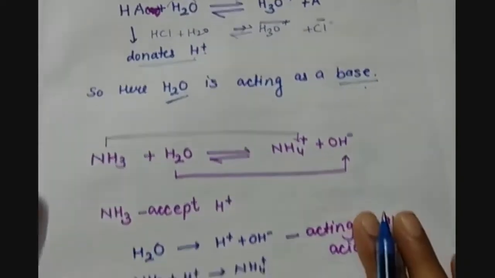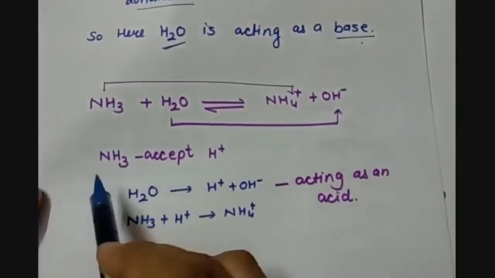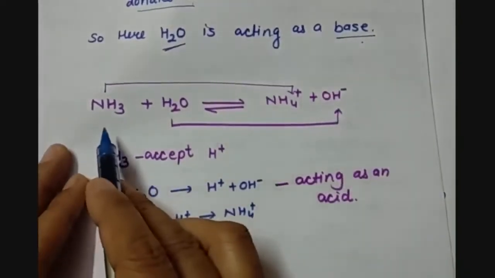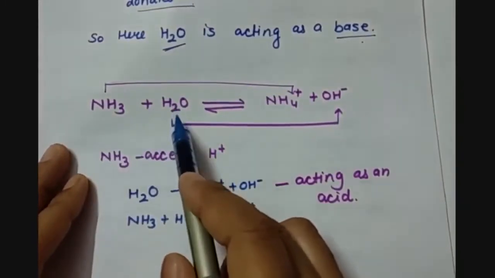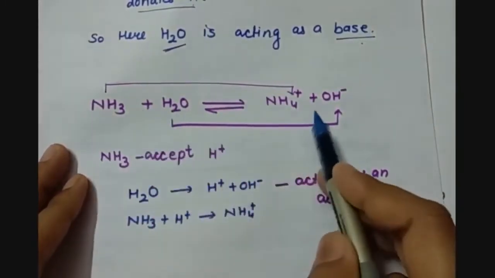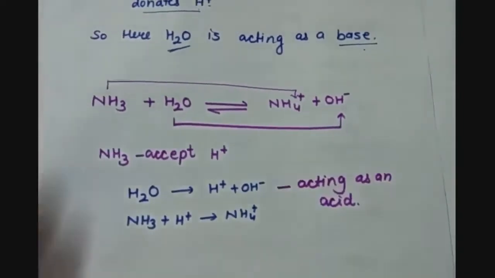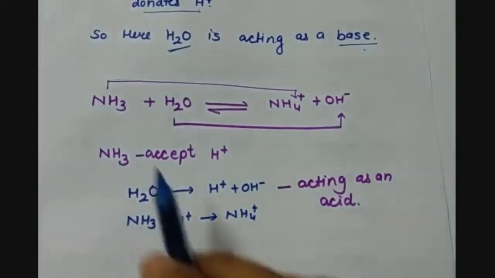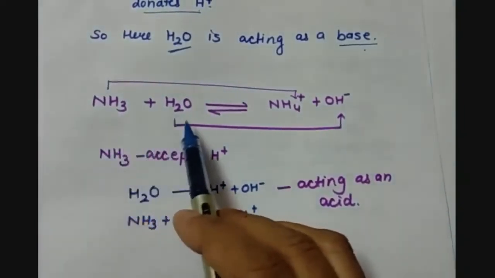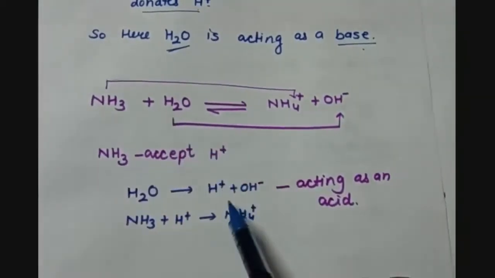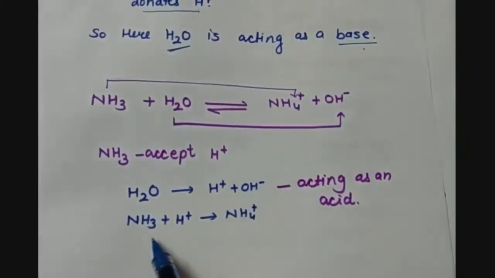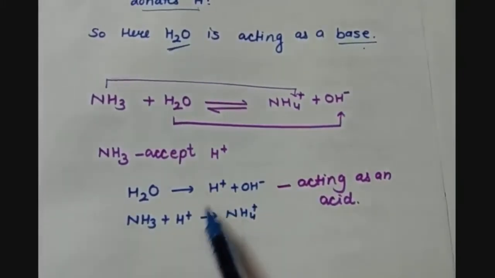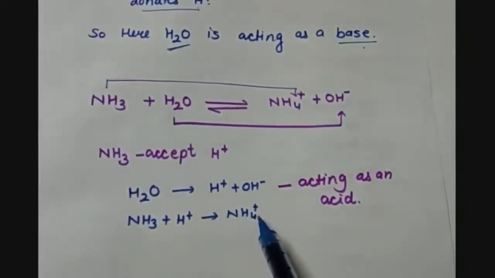Let us have one more reaction. Now we have ammonia as a solvent, and when it is dissolved in the water, then it gives NH4 plus and OH negative. So here what is happening? H2O is giving out H plus and OH negative, and this NH3 is accepting this H plus ion and forming NH4 plus.